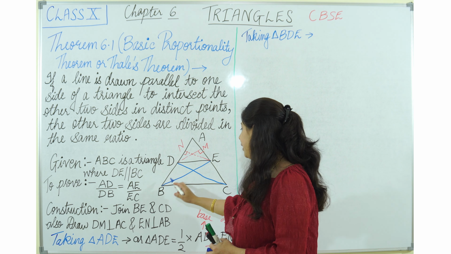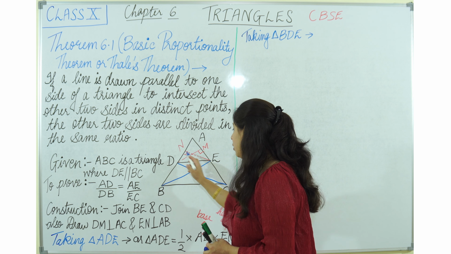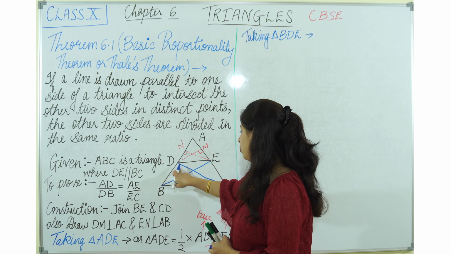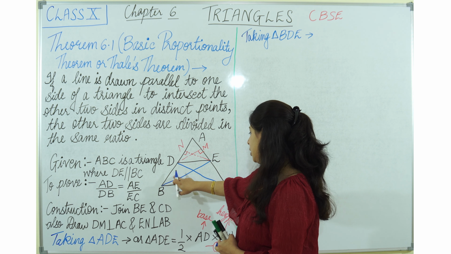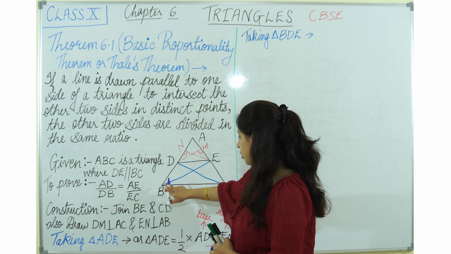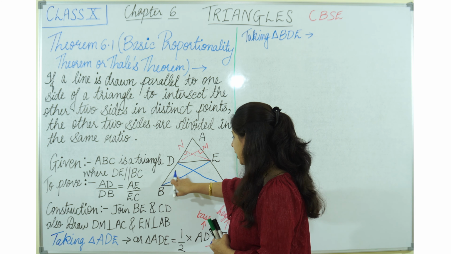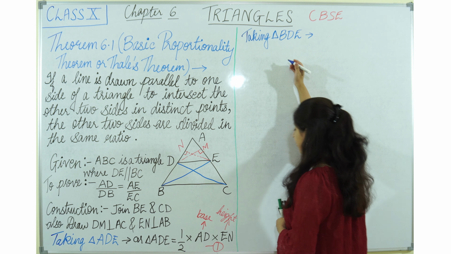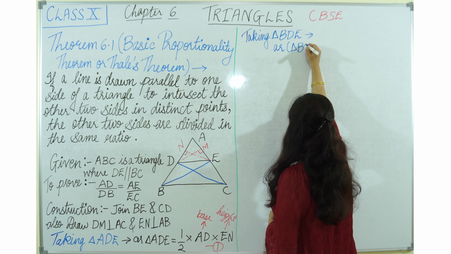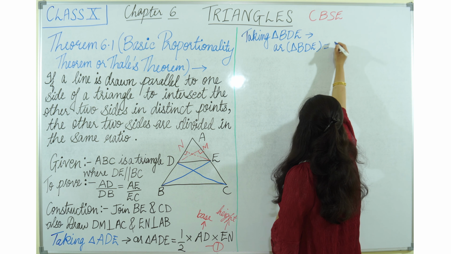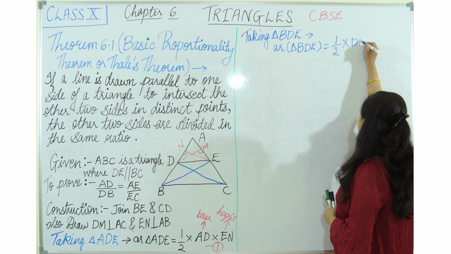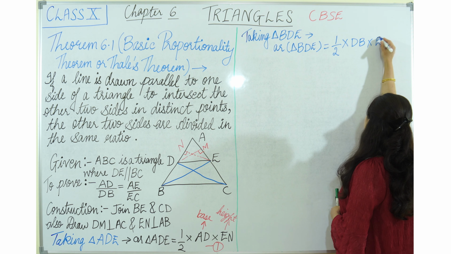BDE will have the same height, which will again be EN, and the base will be DB, because the triangle is standing on this base itself, DB. So the base will be DB and the height will be EN. So area of triangle BDE will be equal to half, base DB and height again EN.